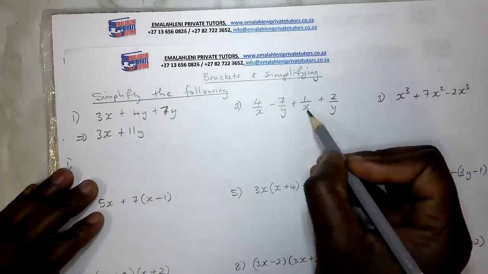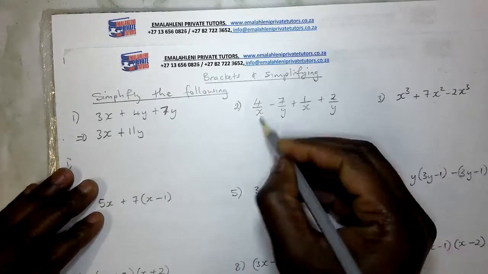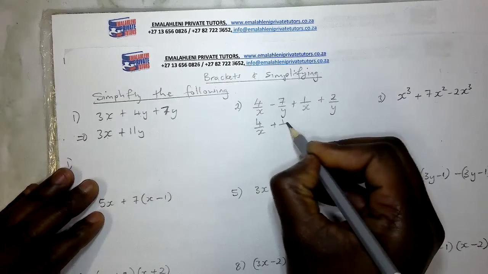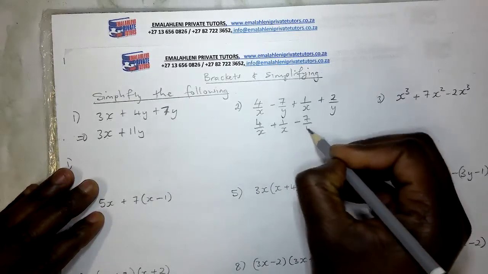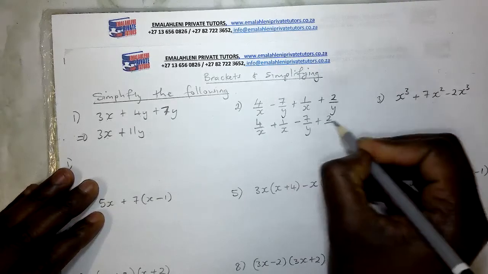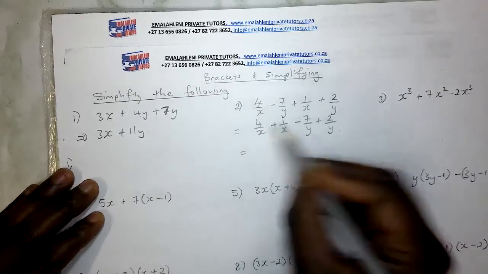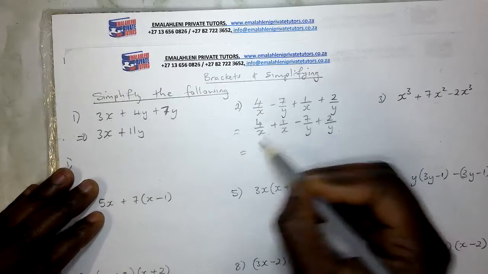Then what we have here again is that we have to collect like terms. 4 over x plus 1 over x minus 7 over y plus 2 over y. Then what do we get here? 4 over x, because we have got the same base here, we don't need to worry. We're just going to deal with what we have on top.